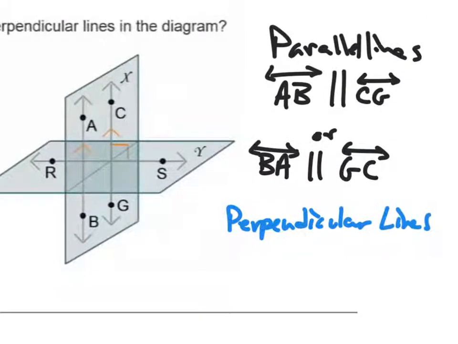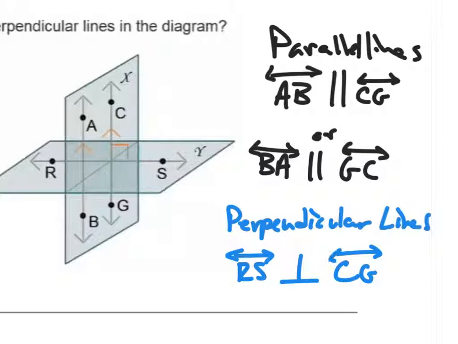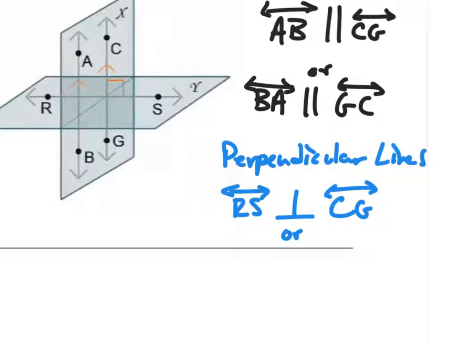So I would say line RS is perpendicular to CG. Or I could rewrite these because they're lines, not line segments, and I could say that SR is perpendicular to GC. Either way, doesn't matter. That's what you've got.